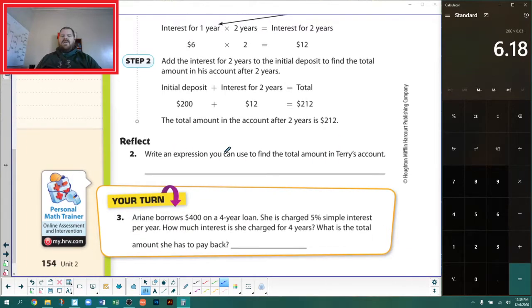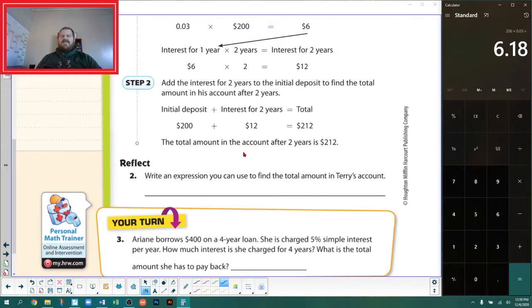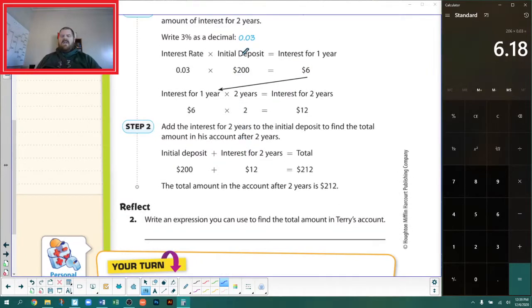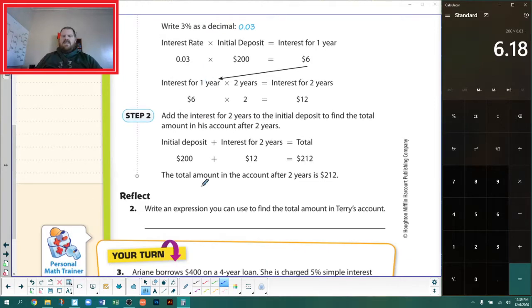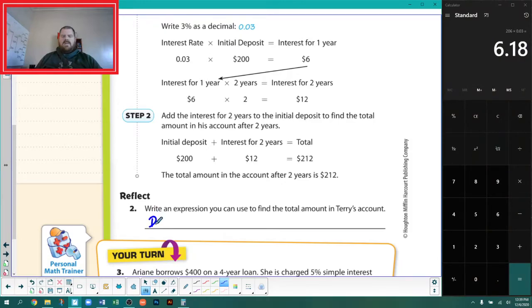Write an expression you can use to find the total amount in Terry's account. Okay, what are we thinking here? So we took the initial deposit times the interest rate. I'm probably going to write these out in words, as much as that's painful.